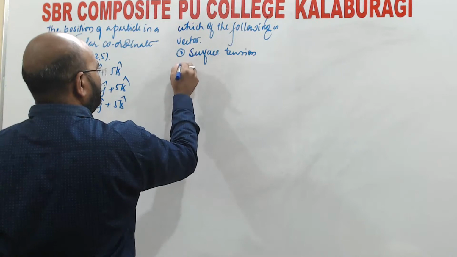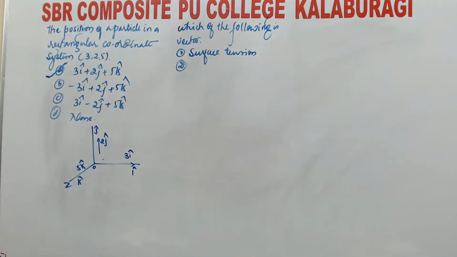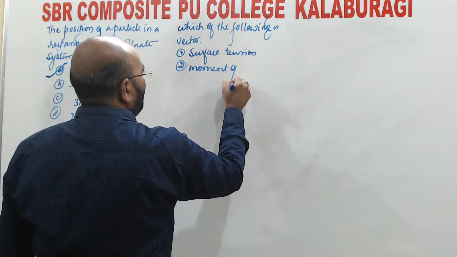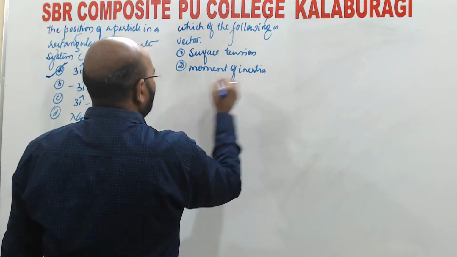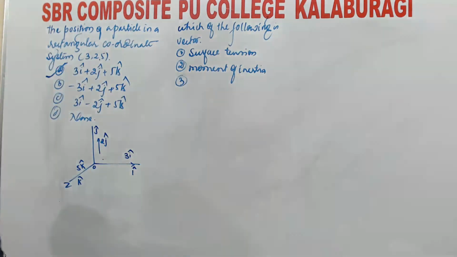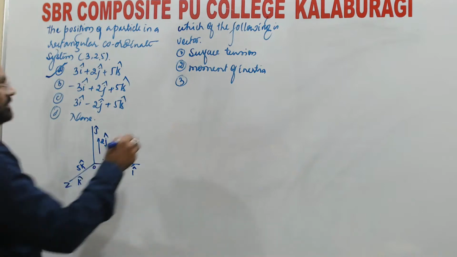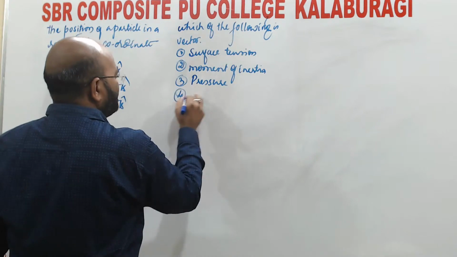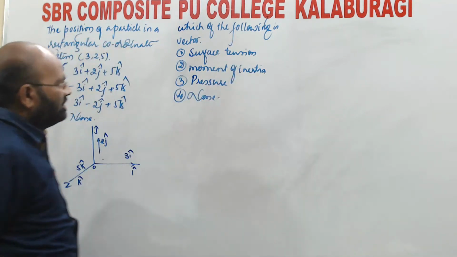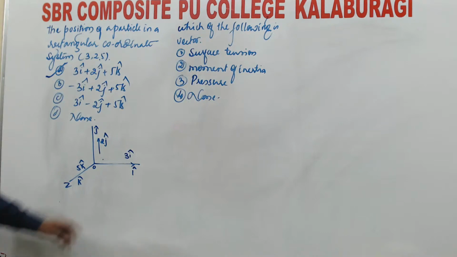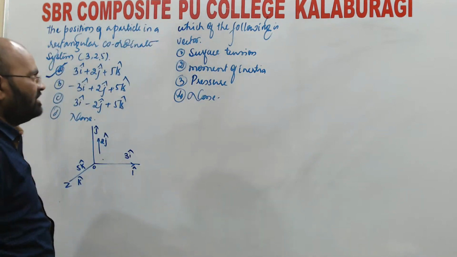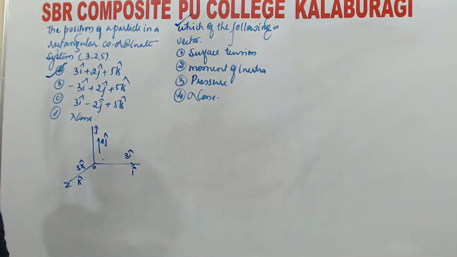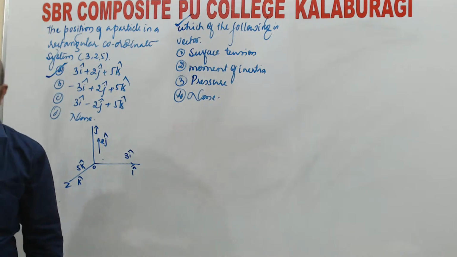The second option is moment of inertia. The third one is pressure. The fourth is none. Remember, take this as an assignment: substitute, find out the answer, and post your answer in the next class. If you have any doubt, you can ask.